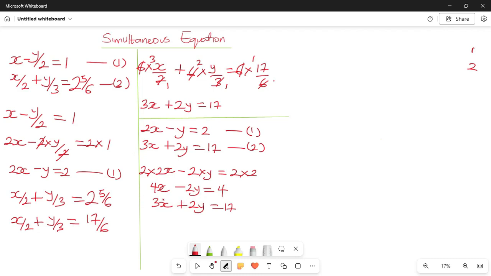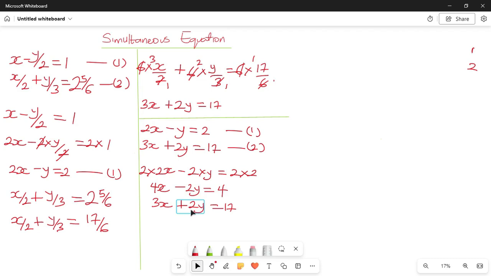At this stage we said if the signs are the same, you subtract. And I'm only talking about the signs of the term you want to eliminate. For instance, we are trying to eliminate y in this question. So you look at the signs for equation 1 and 2. In equation 1, we have minus 2y, while in equation 2, we have plus 2y. So we have different signs.